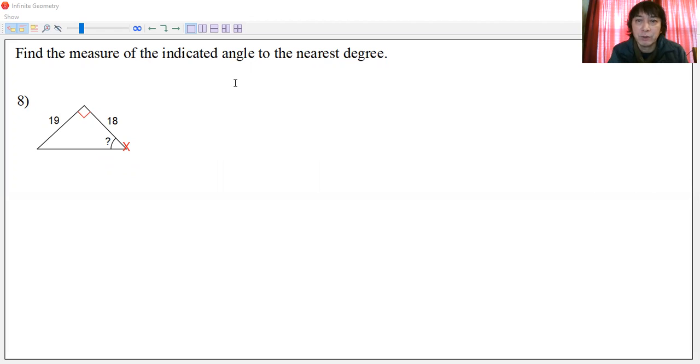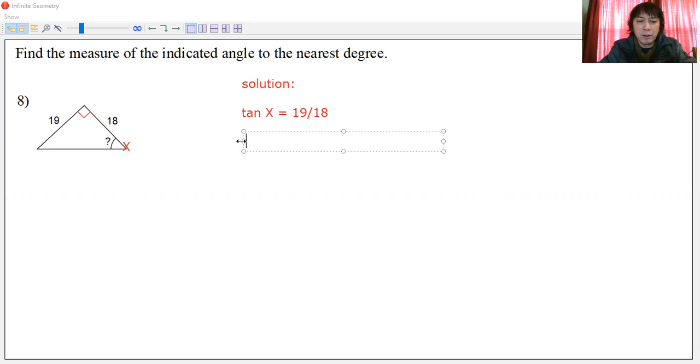So definitely we will use the tangent function: opposite side divided by adjacent side. So in our solution, we'll be using tangent of x, which will be equal to the ratio of 19 to 18.